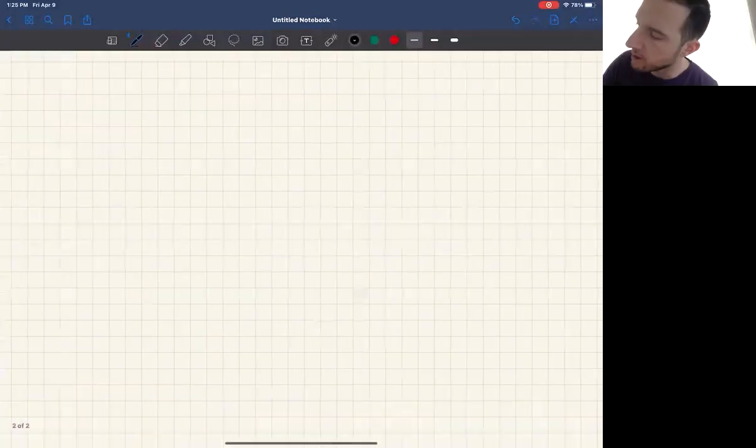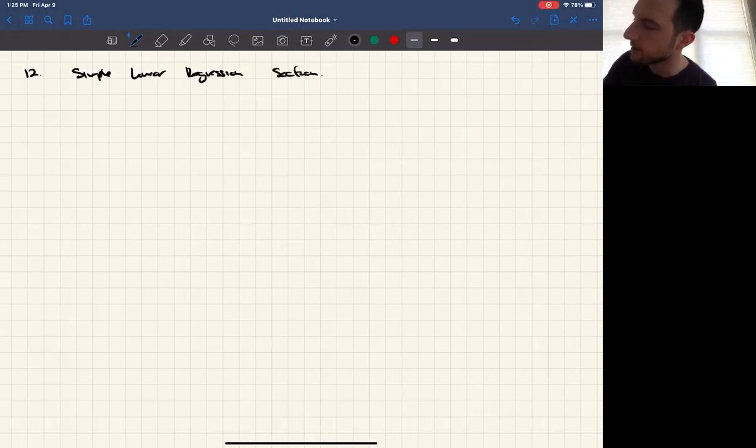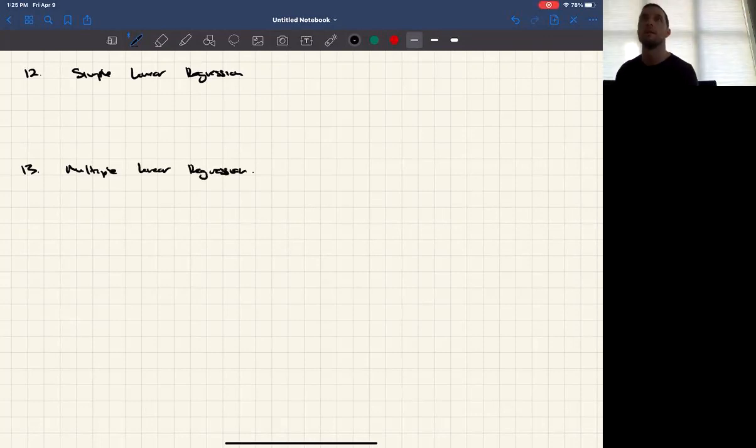Those 2 sections are the simple linear regression section and then multiple linear regression. Now, within these 2 units, we did talk about a lot of different things, right?